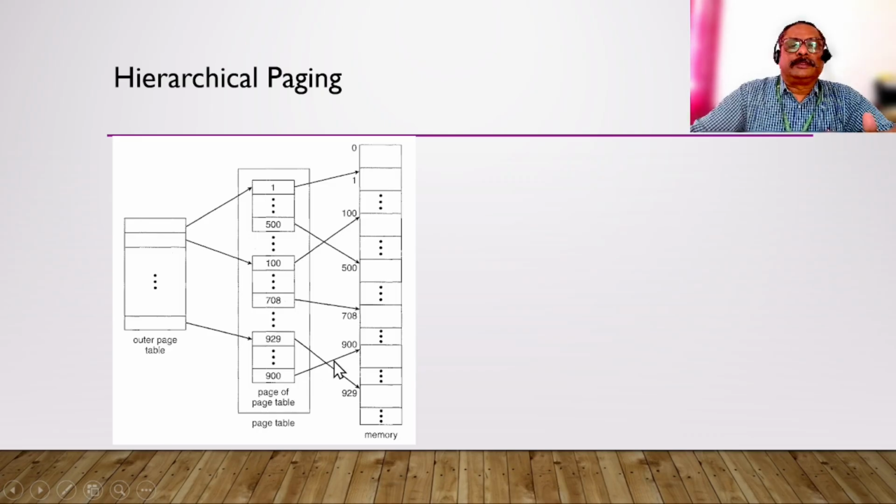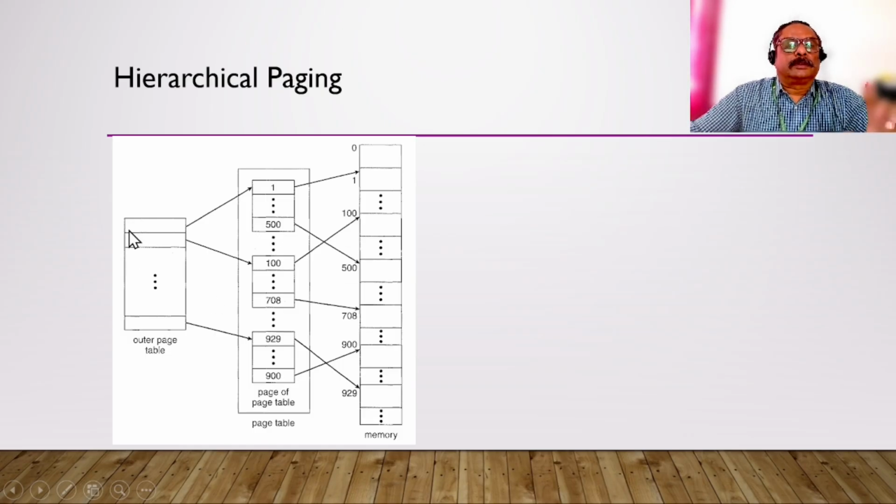So here we are talking about a 2-layer paging system where we have one outer page table, and each entry in it will represent one contents page, and that contents page will in turn refer to various frames in the main memory.